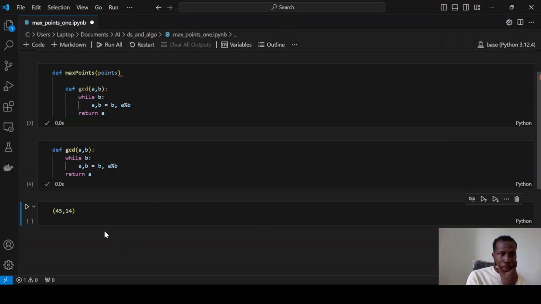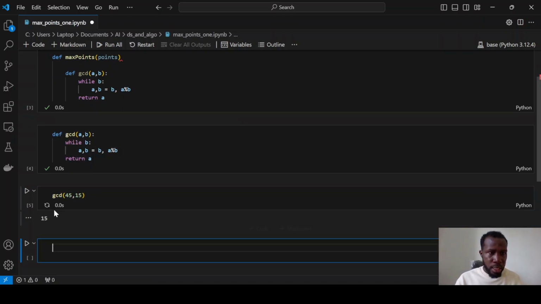In this function, if you have 45 and 15, normally the greatest common divisor of this is 15. So if you put it in our GCD here, GCD is going to give us 15, right?